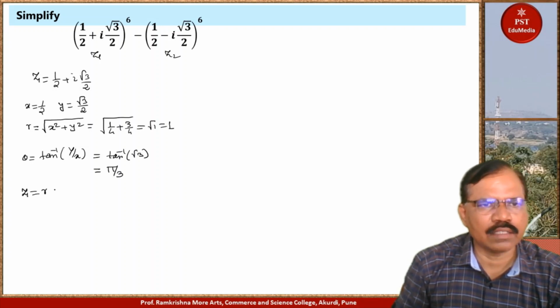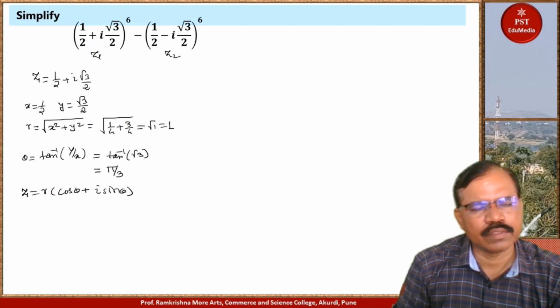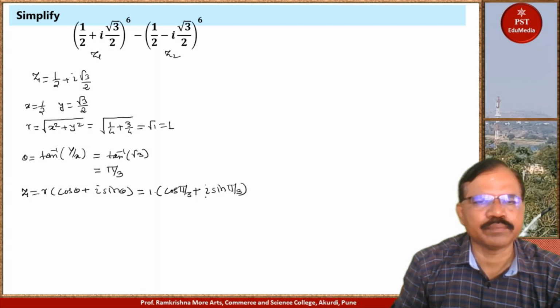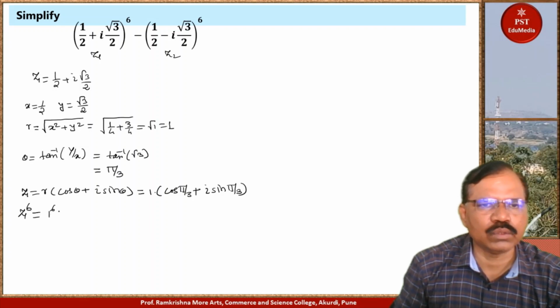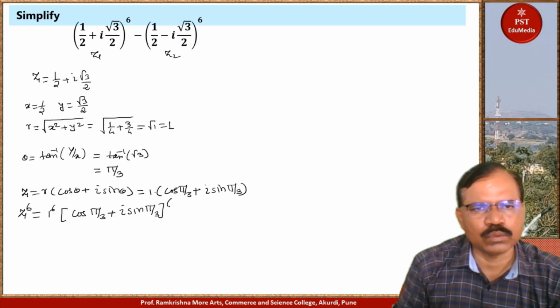So z1, that is r in bracket cos theta plus i sin theta, is equal to 1 in bracket cos pi by 3 plus i sin pi by 3. So here z1 raised to 6, that is 1 raised to 6, cos pi by 3 plus i sin pi by 3 raised to 6.